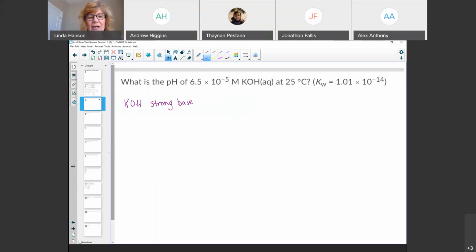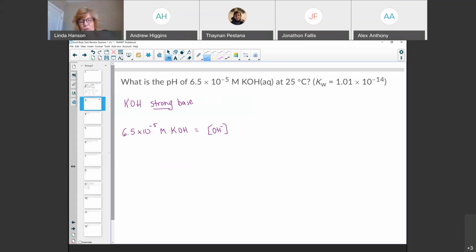And when I say strong, I now realize that there's no equilibrium set up, that there's no need for worrying about a KB expression. Strong bases and strong acids, we know will have their pH calculated directly. So if I have a 6.5 times 10 to the -5th molar potassium hydroxide, the very definition of strong says that's giving me the molarity of the base ion.